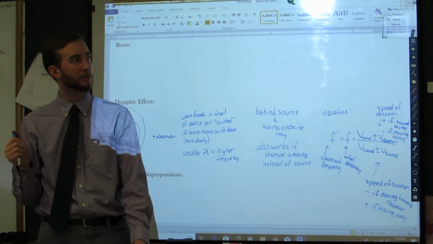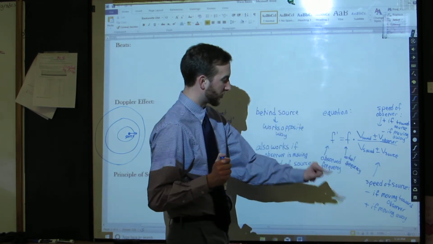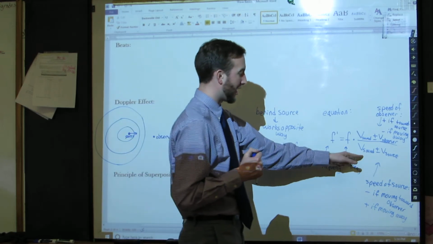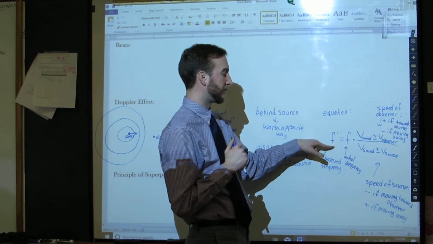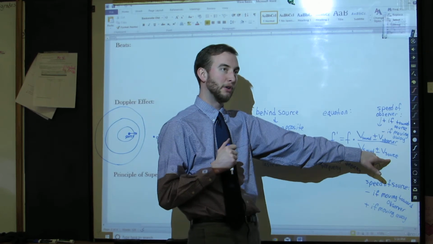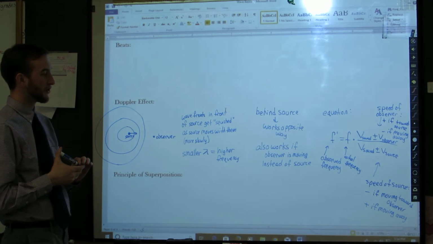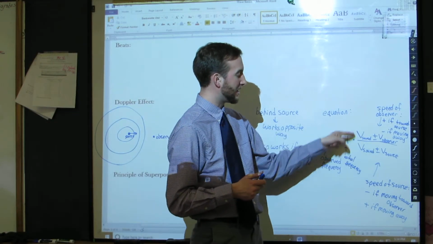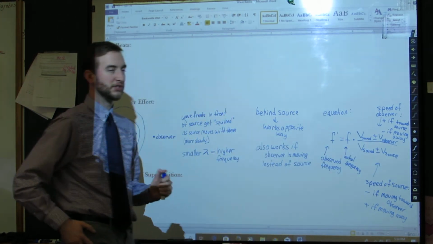So why would that be? Why would it be reversed? Look at the equation. If the source is moving towards the observer, that's a higher pitch, right? Well, how do we make the bottom account for a bigger observed frequency? We would have to make the bottom smaller. So that's why it gets a minus sign. If, on the other hand, the source is moving away from the observer, we put a plus sign. That will make the bottom bigger. That will make the observed frequency smaller.